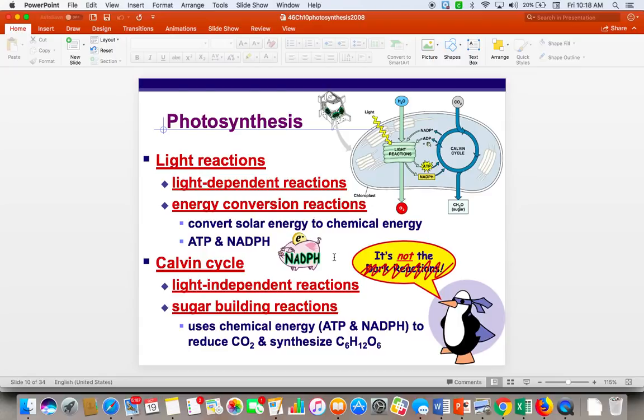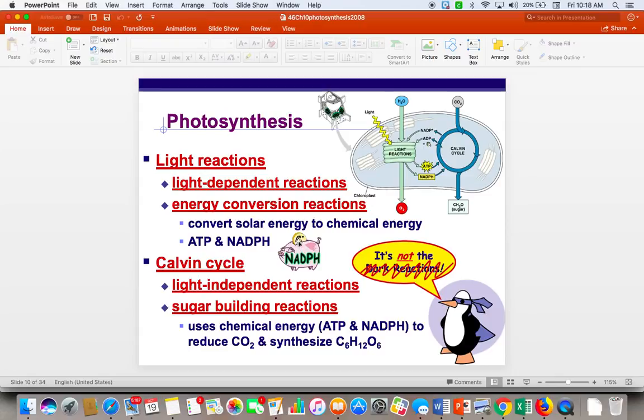Okay? NADPH, this is the analogy we used in class. NADPH is a bank, a piggy bank, really, for electrons. And so that's what you see here, the little piggy bank, and this is the electron going in. When this bank is empty, it's just NADP. But when you put an electron in and the bank is full, that's NADPH, okay?